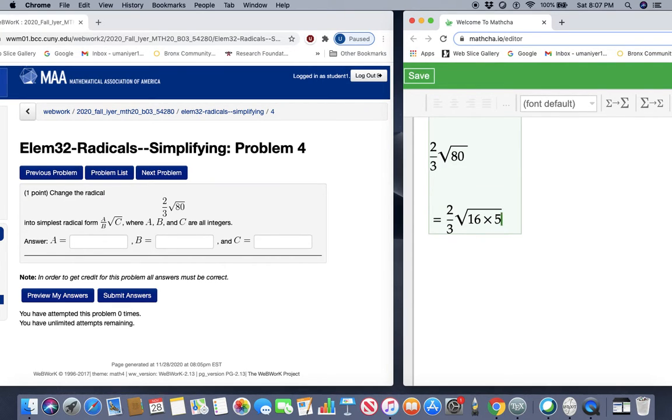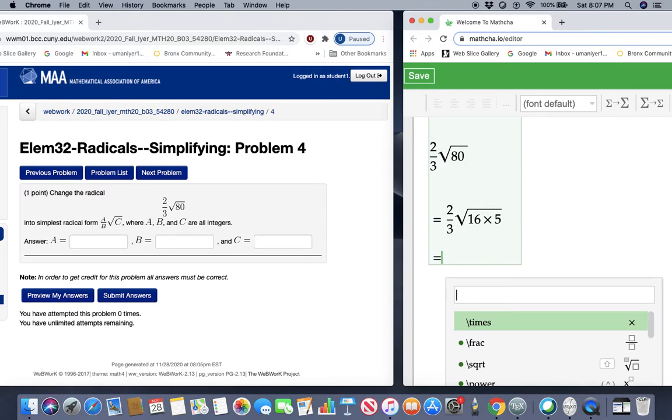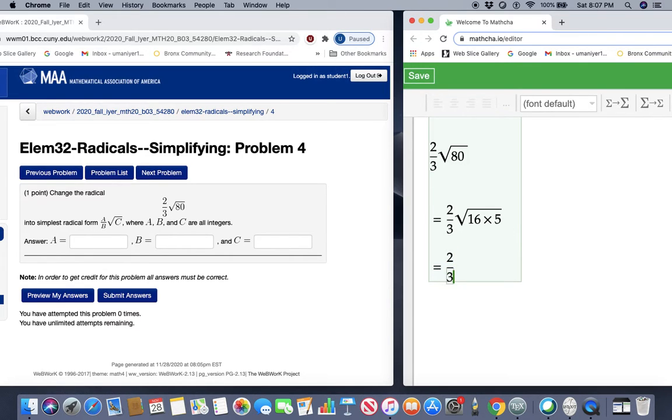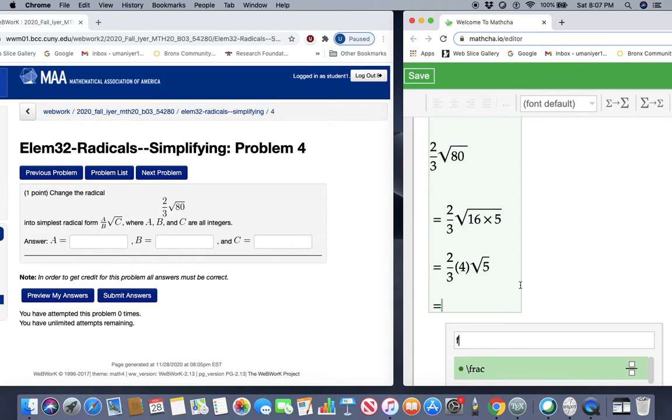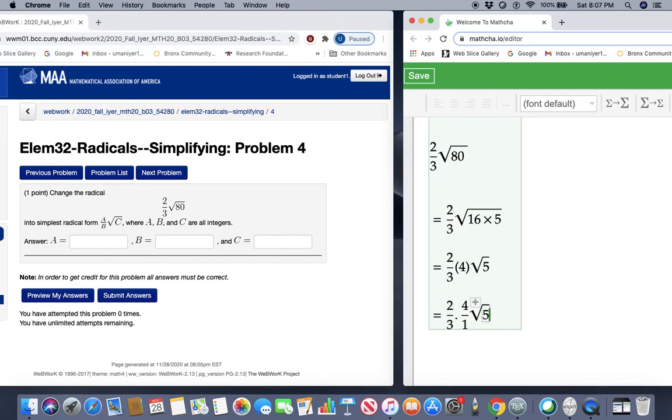All right. So once you see this, the number multiplying outside is 2/3. Square root of 16 is 4, and square root of 5 stays inside. How do I multiply 2/3 with 4? Well, 2/3, and I'm going to multiply it by 4/1, square root 5 is inside.